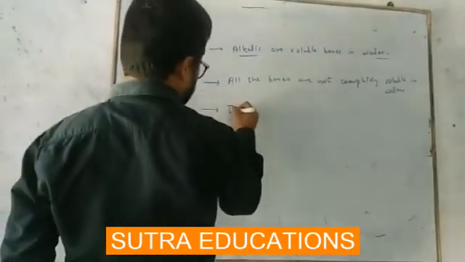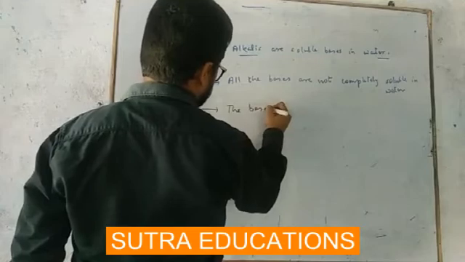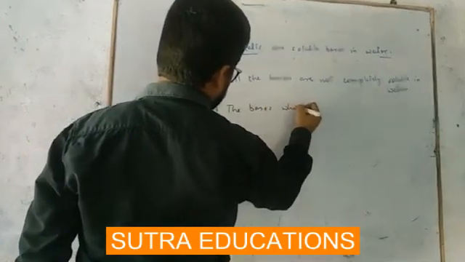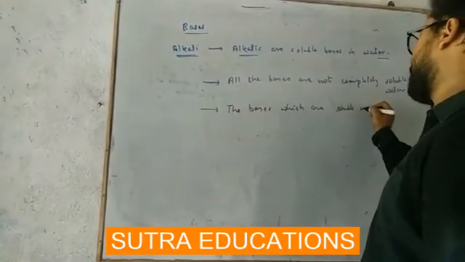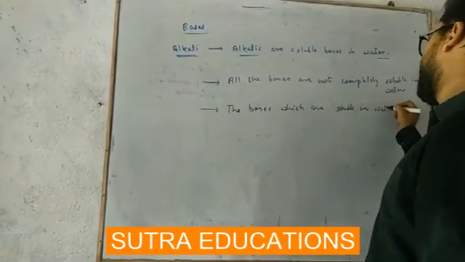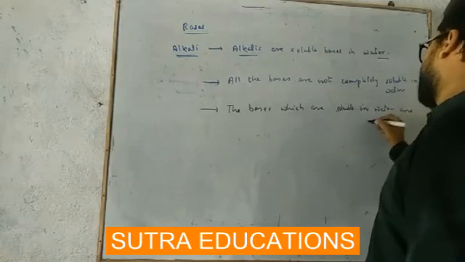So we can say the bases which are soluble in water are called as alkali.